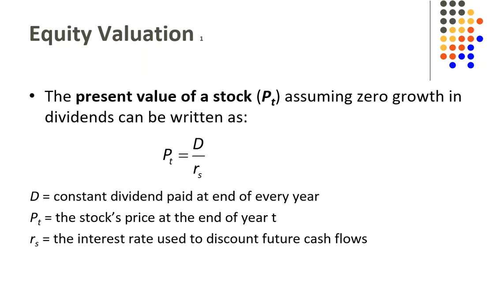Let's take a look first at the simplest equity valuation, and that would be a valuation model for valuing preferred stock that has a constant dividend. The present value of that share of preferred stock is simply the dividend divided by our required rate of return.